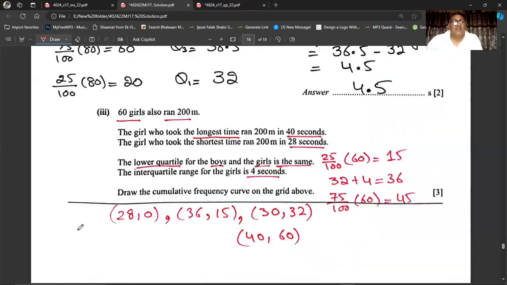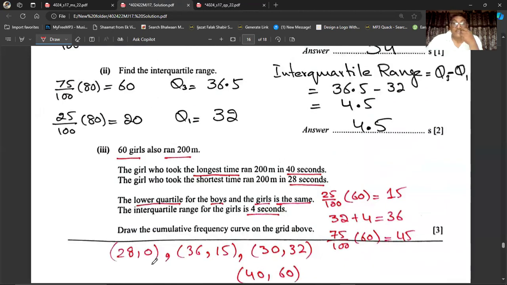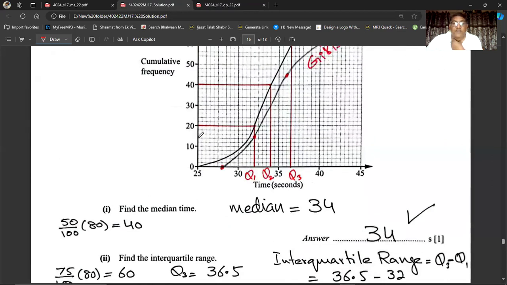Then they say the lower quartile for the boys and the girls is the same. The lower quartile for the boys is 32. For the girls, it is also 32, as they say. But the girls' lower quartile will be at 25% of 60, that is 15. On the y-axis, it should be 15, and on the x-axis, it should be 32. So 32 comma 15.